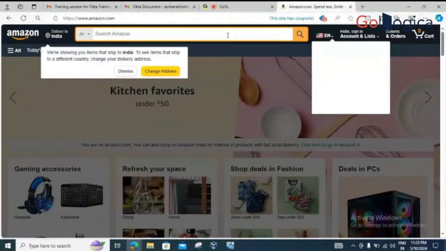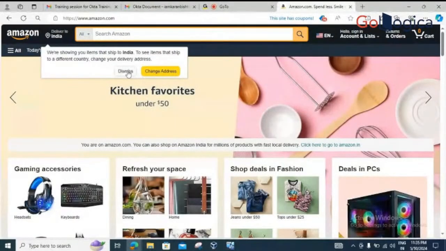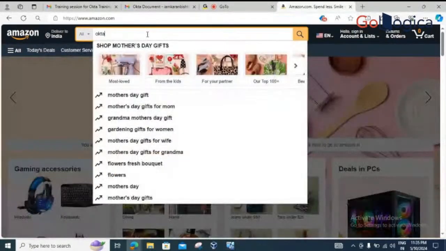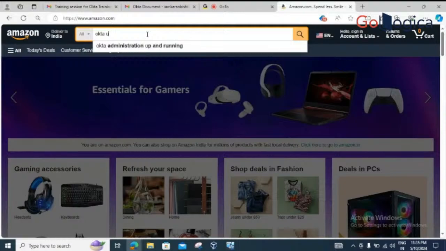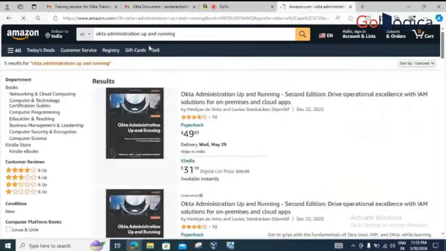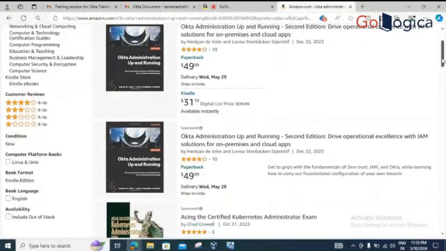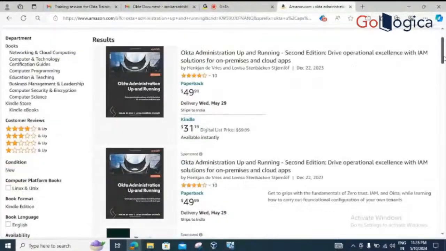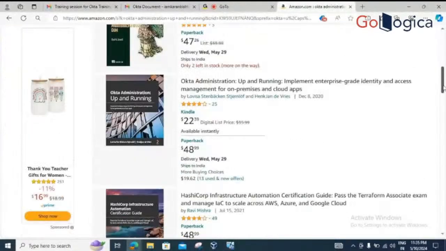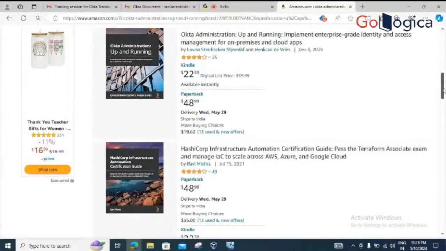So there is a very good book, Okta Administrator. Now this book's second version is in the market. So I suggest you take this book. It is a very good book by a professional lady who has a good experience in the Okta organization and Okta field.